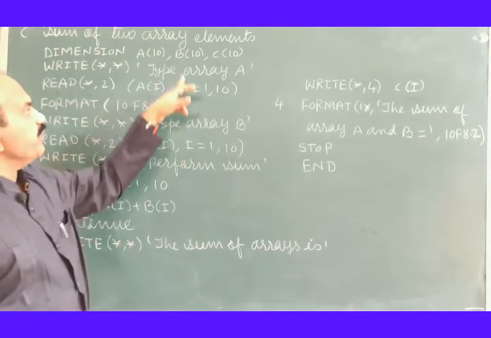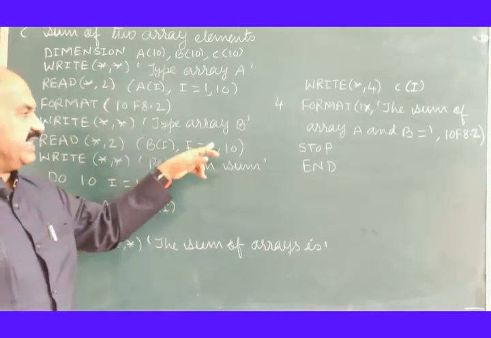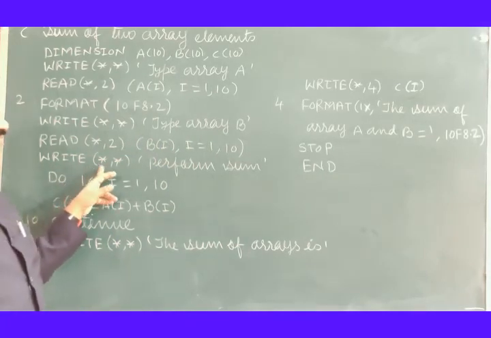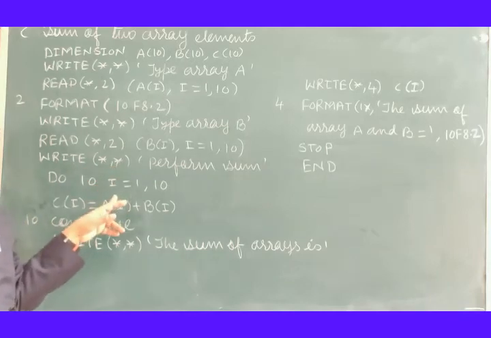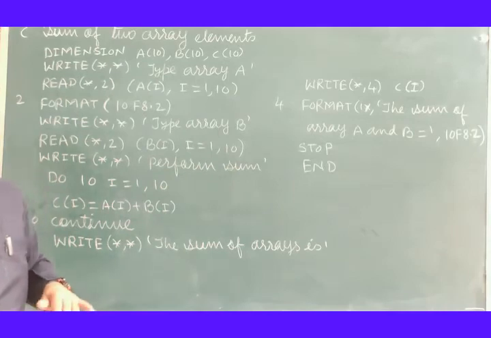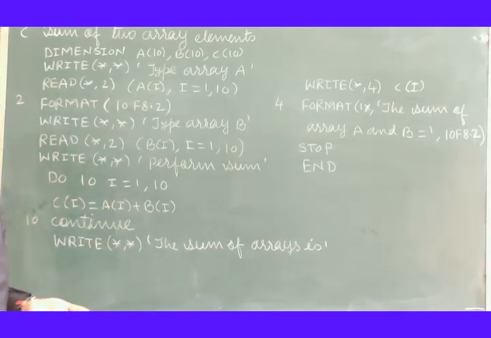Here we want to input 10 elements of array B, which will be done by this statement. Then again a comment: write asterisk comma asterisk. It is a comment line, and what is the comment? Perform sum of elements of array A and array B.